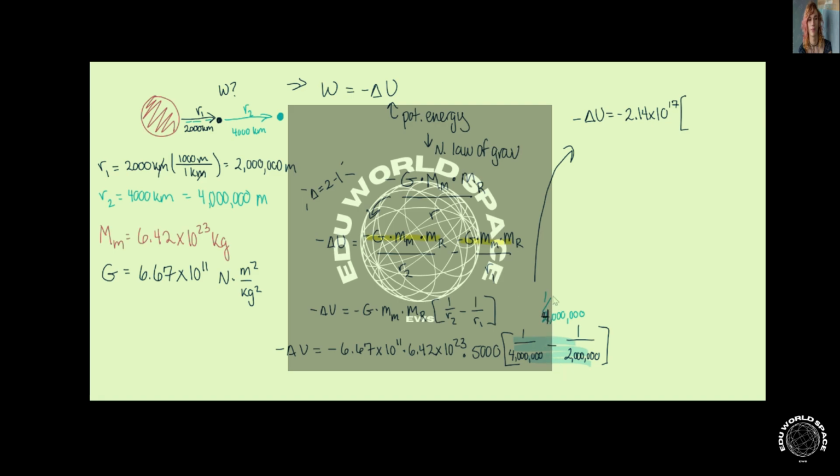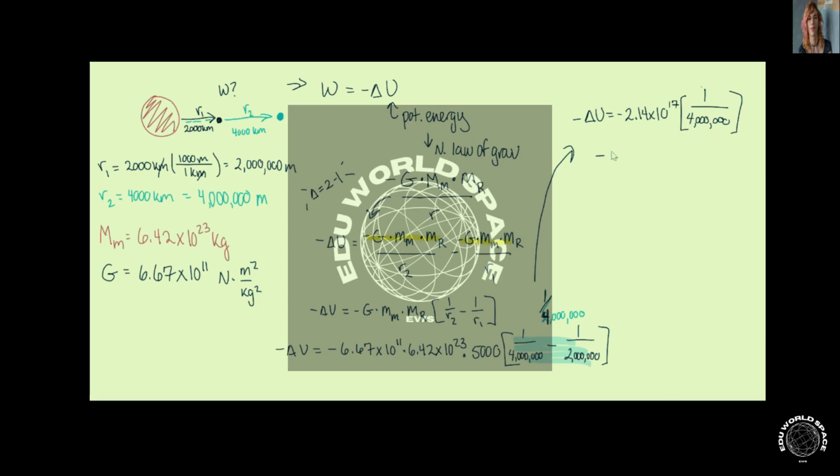So I'm going to go ahead and correct myself real quick. Sometimes we all need to double check our math. All right, 1 over 4 million.